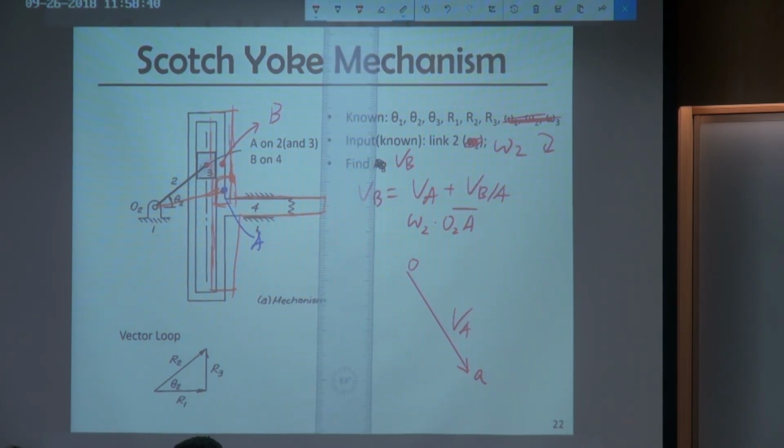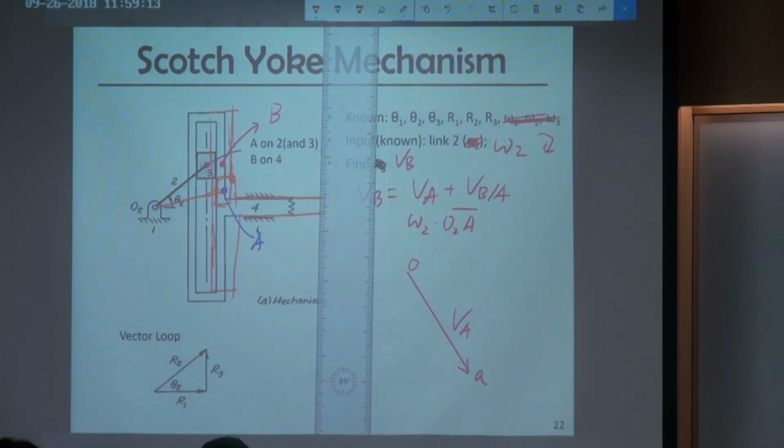Do we know any information about point B? You see, point B is on link 4, and link 4 is a slider, so it can only move to the right or to the left, horizontally. So point B will also move just horizontally. It can only move in this direction.